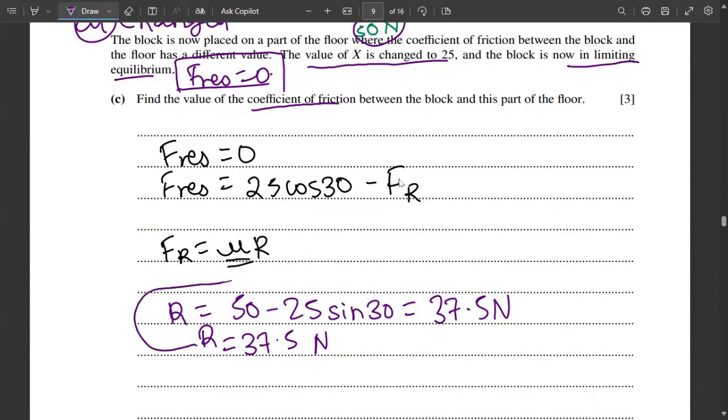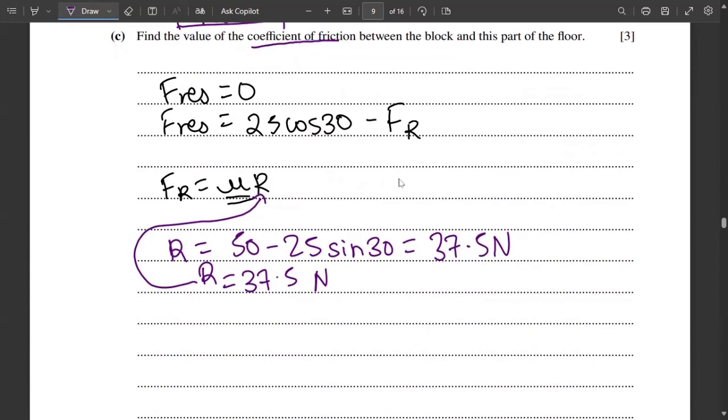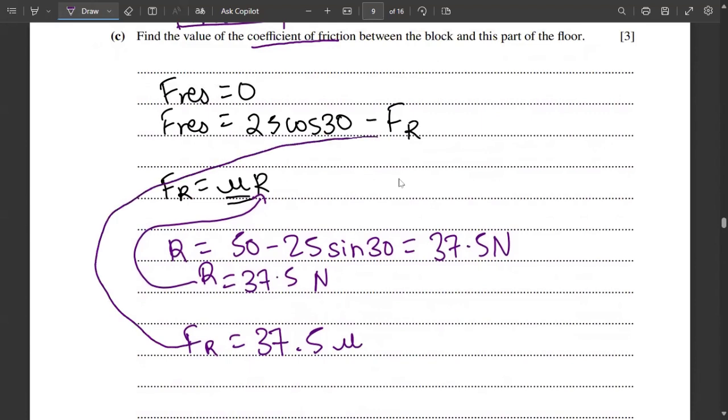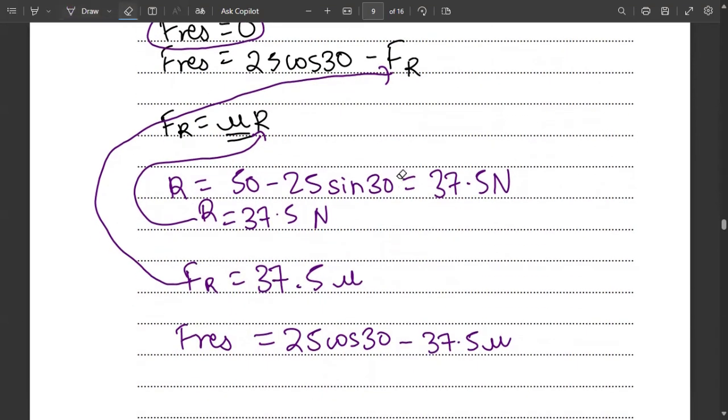Now if I put 37.5 in place of R, I'll get FR equals 37.5 mu. Now let's go ahead. Instead of this FR, I will write 37.5 mu. So F resultant is equal to 25 cos 30 minus 37.5 mu. Now we know F resultant is 0, so I can write this as 0.